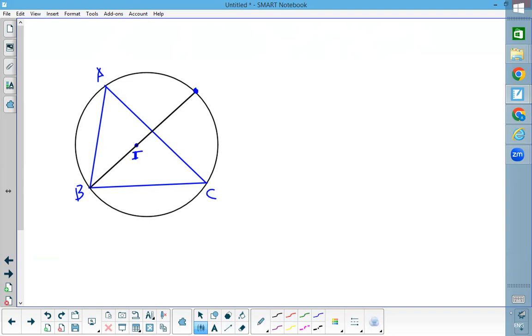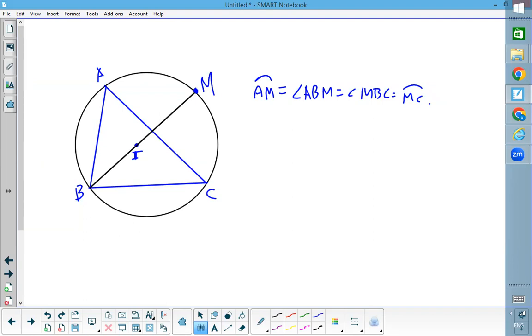Let's say we claim that this point is M. This point is the midpoint of the arc AC because we know that the arc AM is equal to angle ABM, but that is equal to angle MBC, so that is equal to the arc MC, right? So therefore, you have the midpoint of the arc.